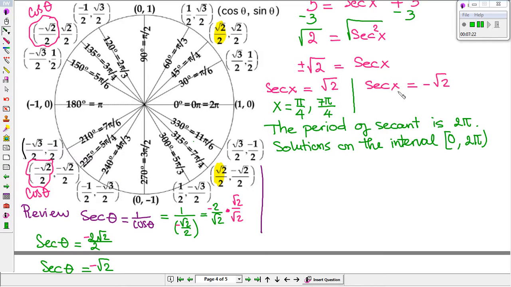So we can conclude that the two angles where secant equals negative square root of 2, which is the same as cosine equals negative square root of 2 over 2, are 3 pi over 4 or 135 degrees, and 5 pi over 4.